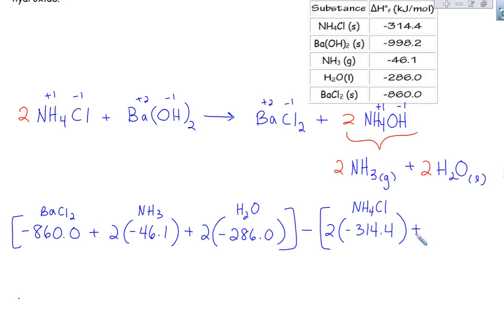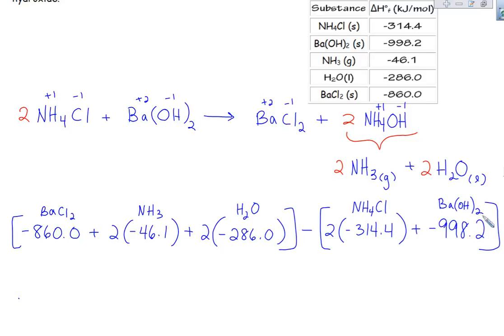And then I just have the barium hydroxide, negative 998.2. And that's my barium hydroxide. Again, I think the key to these is just staying organized. The common mistakes: people go reactants minus products.